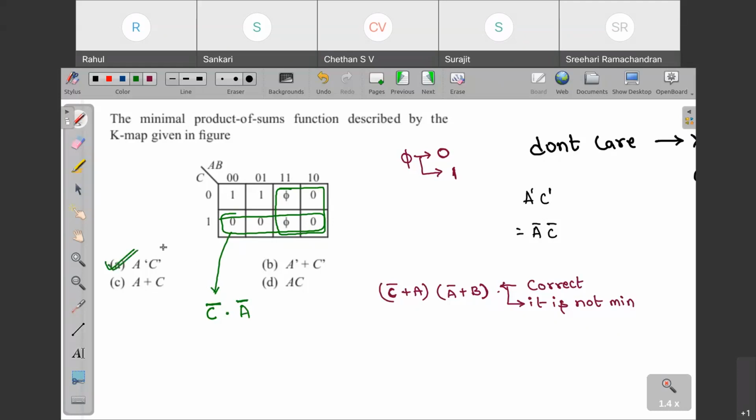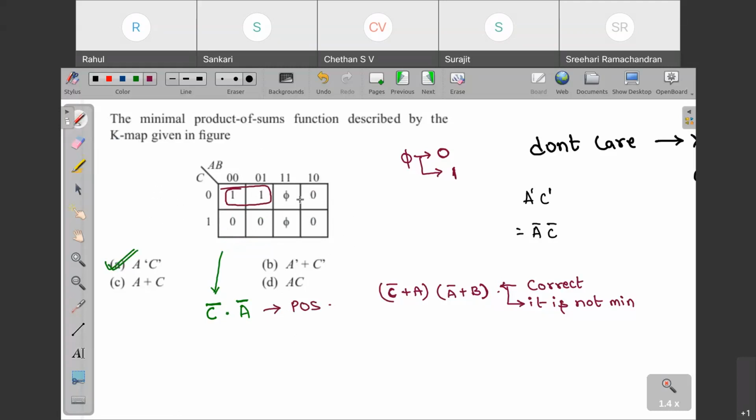Option A. Now suppose you had wanted to get the SOP expression, you will be grouping ones. This you get using POS. Now if you group using SOP, you will be grouping ones. You can see the only possible group is this.